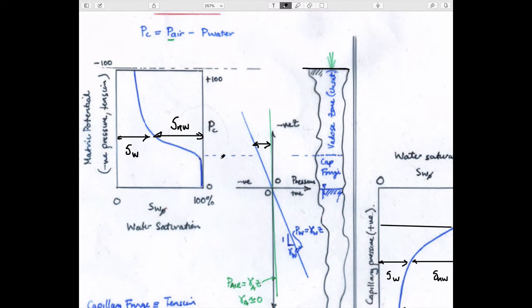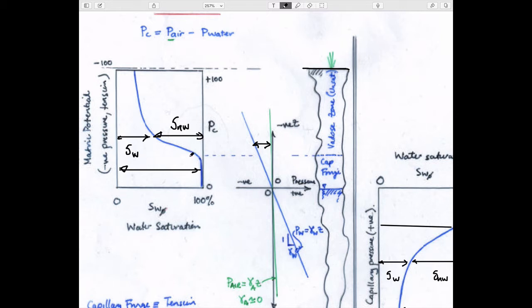Up to this point here, the saturation of water is 100%. And this conforms to what we know about this being the capillary fringe, or the tension saturated zone. It's 100% saturated with water, no air in it. Once you get above the top of this, progressively you get proportionally more and more air in the system and less water in the system.